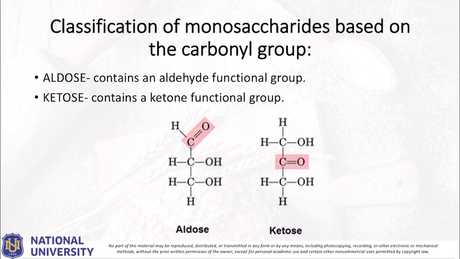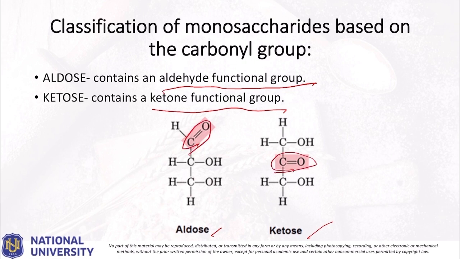Again, carbonyl group, kung aldehyde ba or ketone nakakabit, ay ang kanyang functional group. Aldose kapag aldehyde functional group, ketose kapag ketone functional group. Okay, ito yung carbonyl group. H kapag aldehyde, aldose, and then another hydrocarbon kapag ketone or ketose.